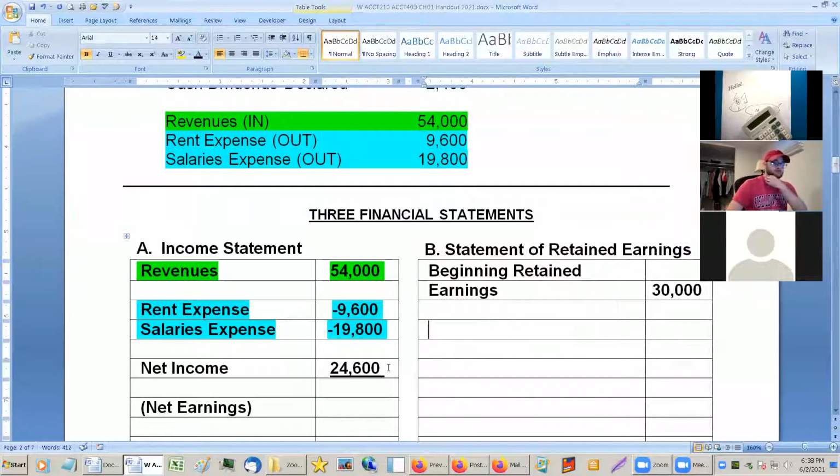Now, if we made another 24,600 of income or earnings, will that add or subtract from the retained earnings? Wouldn't it add to it? Yep.